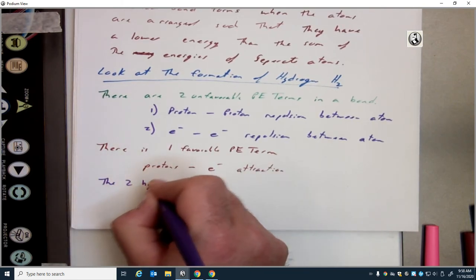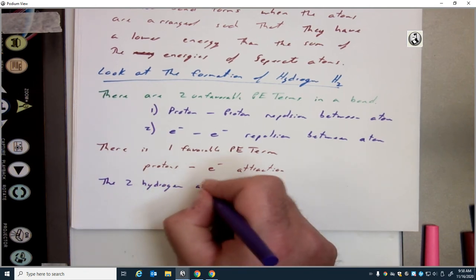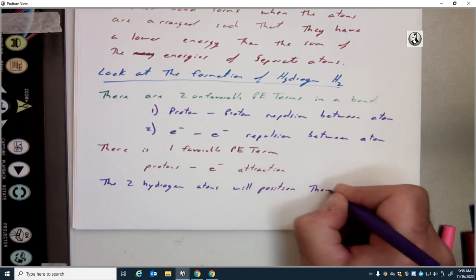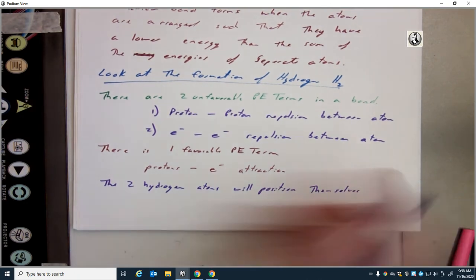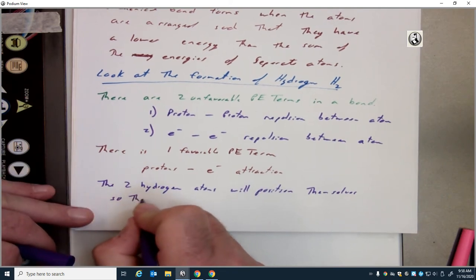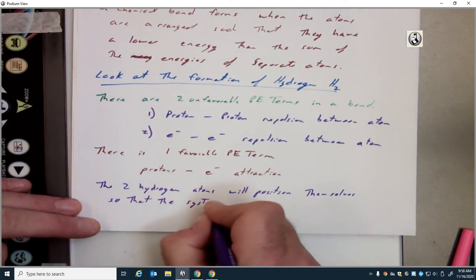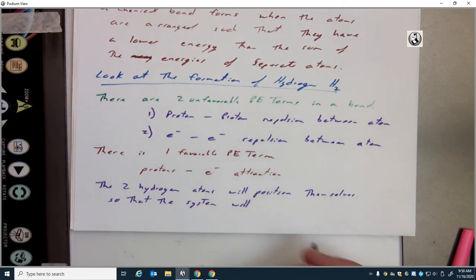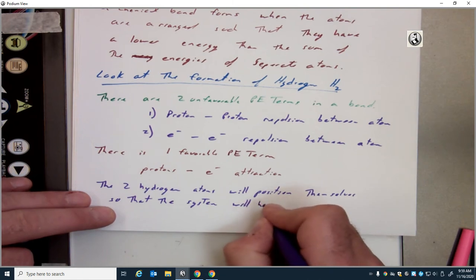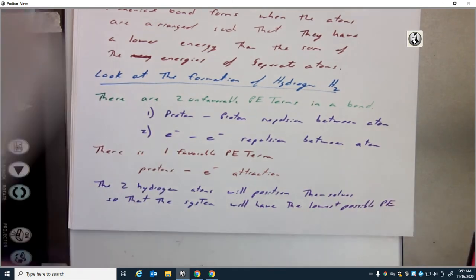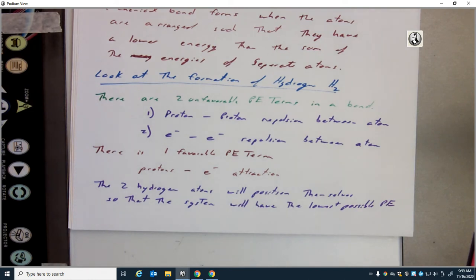The two hydrogen atoms will position themselves so that the system will have the lowest possible potential energy. So let's write this.